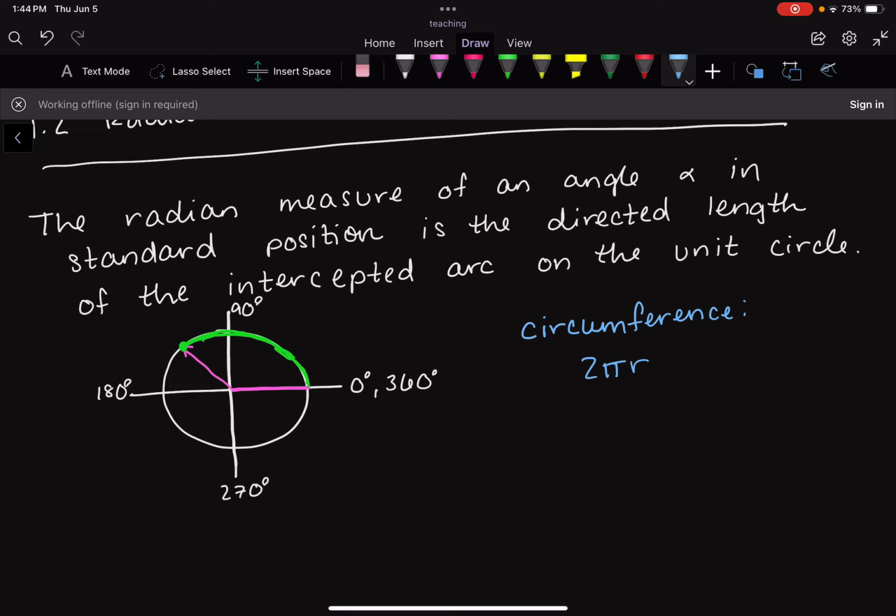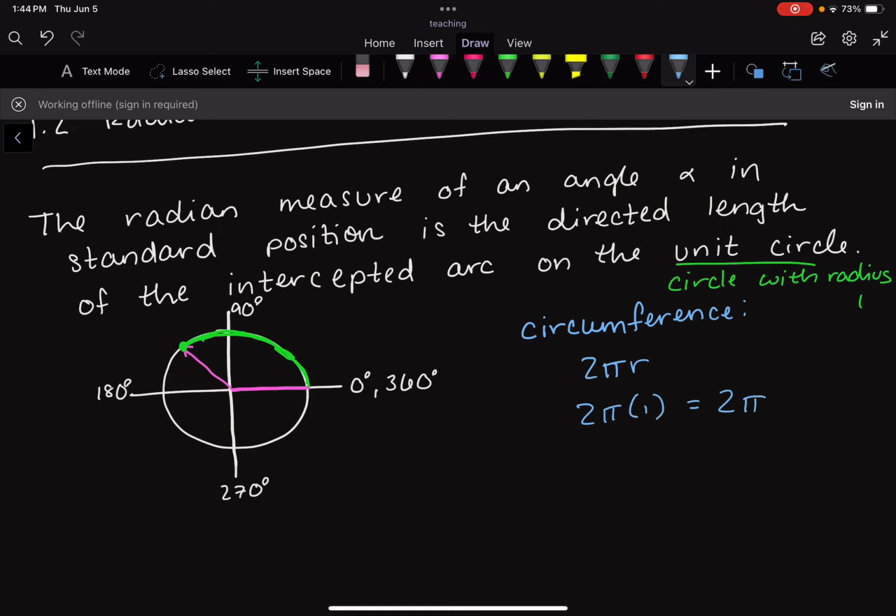If we're dealing with a unit circle, then our radius is 1. So the unit circle is a circle with radius 1. So if I plug that into my circumference, I then have 2 pi times 1, which is equal to 2 pi.